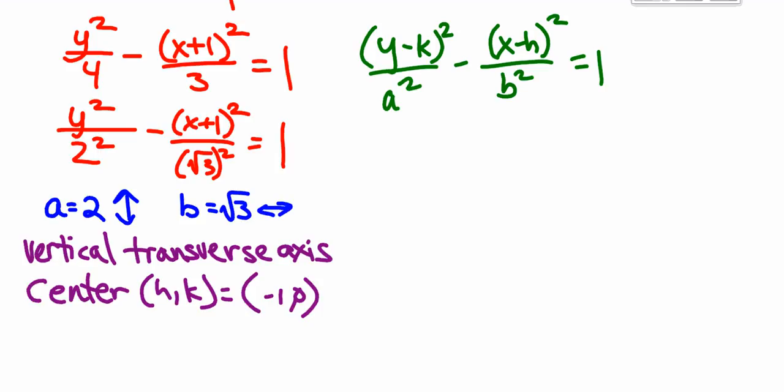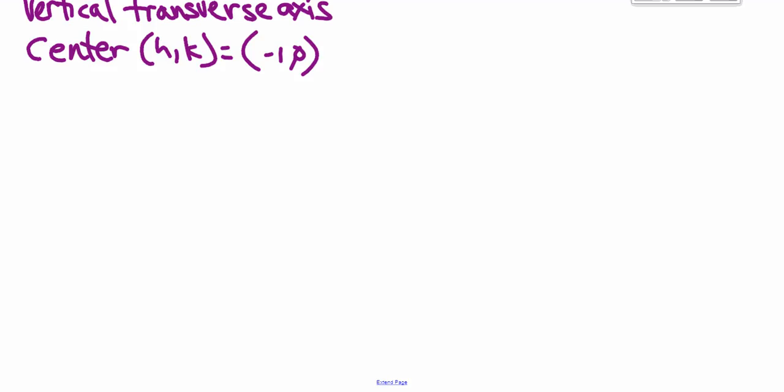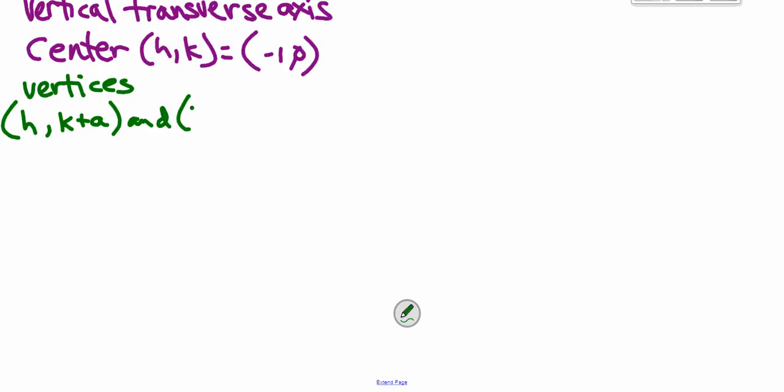The next thing I'm going to find is the vertices for this one. My vertices are going to be h comma k plus a, and h comma k minus a.